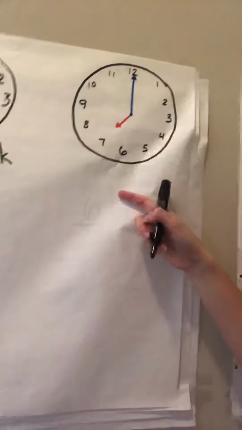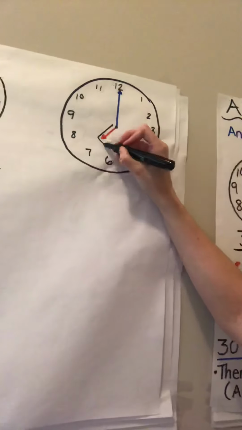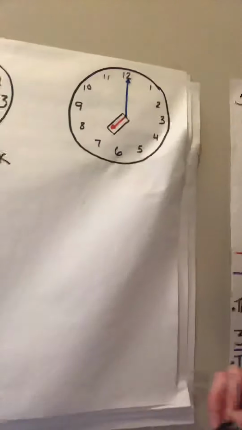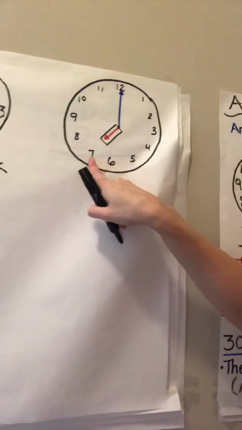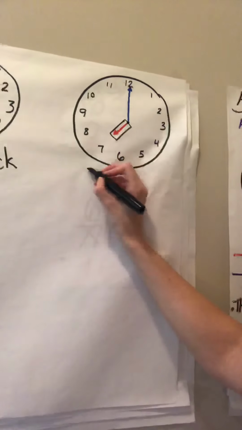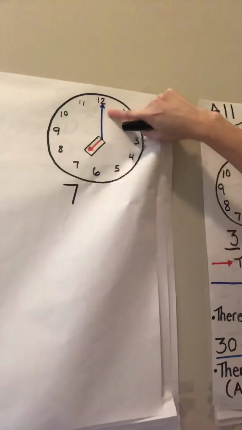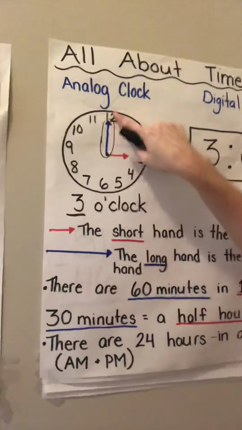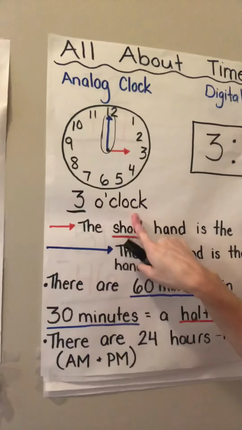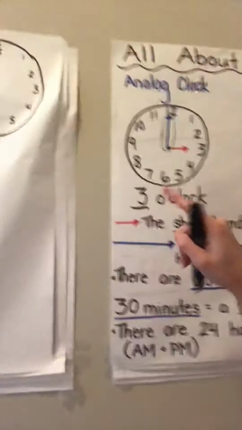Our next clock, again, we're going to first look at our short hand or the hour hand. And that's pointing to the 7. And now I look for my minute hand. My minute hand's pointing to the 12. And again, when it's pointing to the 12, we say what? O'clock for our minute.